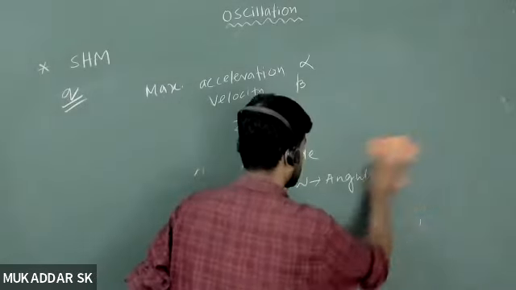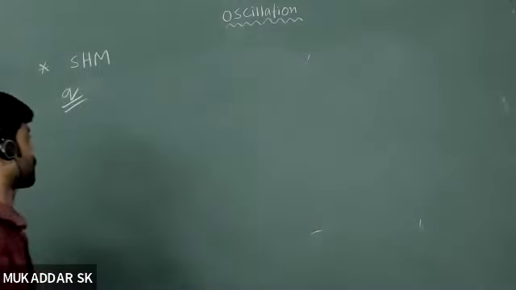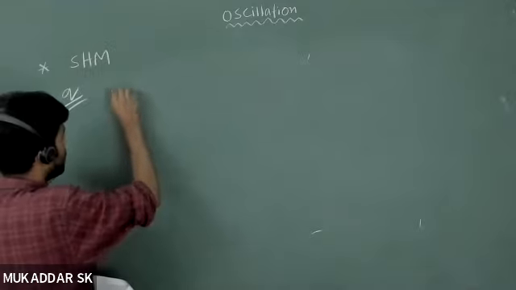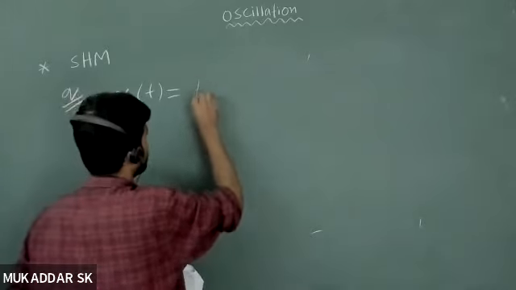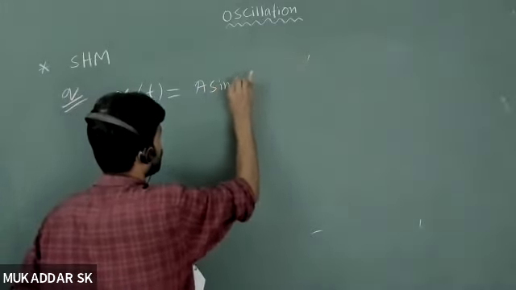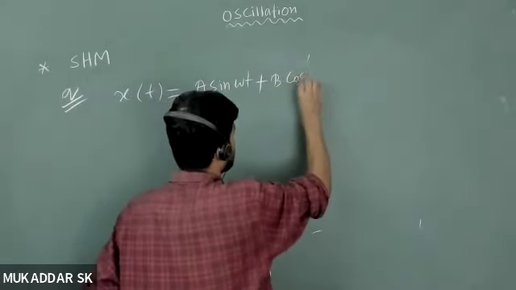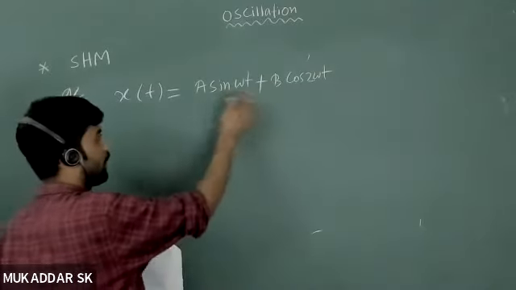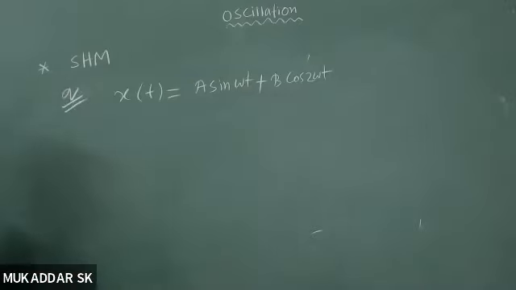Now, another question. The displacement of a particle is given as x(t) equals a sine of omega t plus b cos of twice omega t, where a and b are constants and omega is the angular frequency.